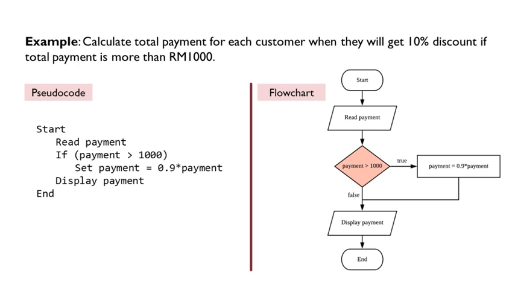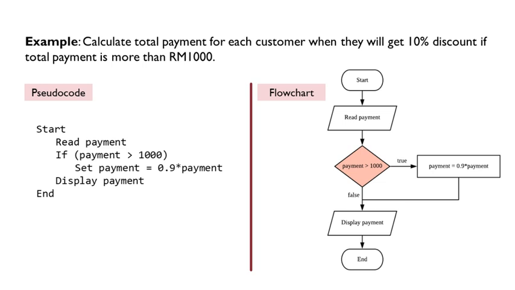So we already analyzed the question: we need to calculate the total payment, where the user gets a 10% discount if the payment is more than 1,000 ringgit. So you have to do the IPO. I will always remind you to draft the I, input, P, process, and then third is output.